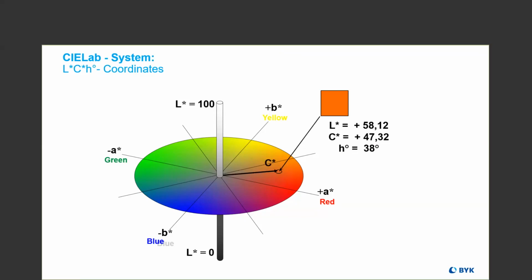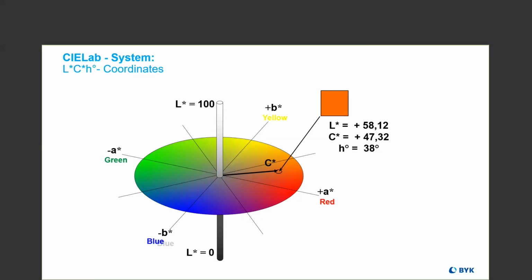And so the C value tells you how far from that center axis your color is. So the further out from the center, the more chromatic your color is. So an example of a very chromatic color would be like a scarlet red or like a forest green. Whereas like a beige or a gray or off-white would be a very achromatic, a low chroma color.